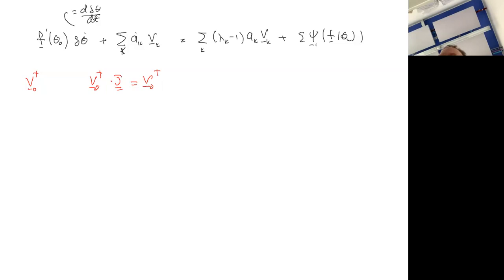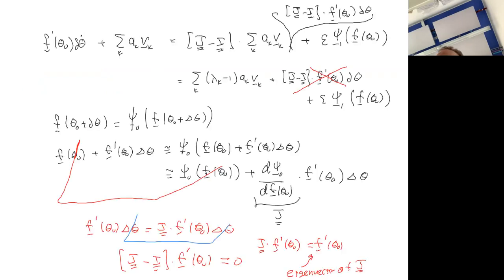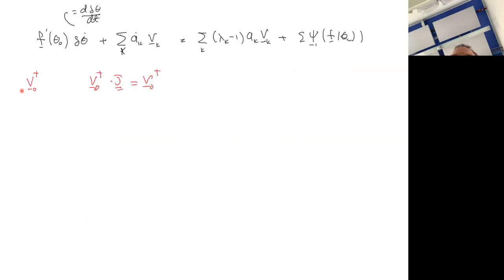So just like f prime was the eigenvector of J, v0 dagger is the adjoint eigenvector, and that implies that v0 dagger dot b_k equals 0. Okay, that's orthogonality, and when all is said and done, we get d delta theta.